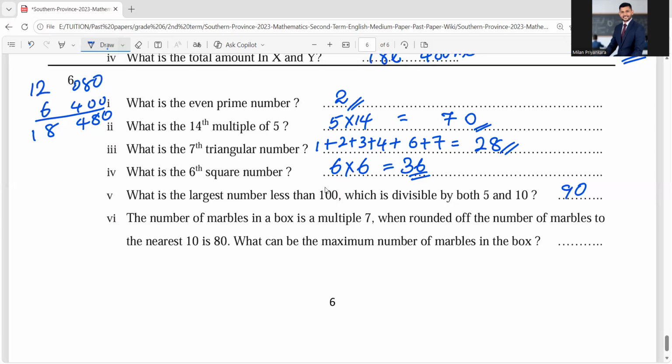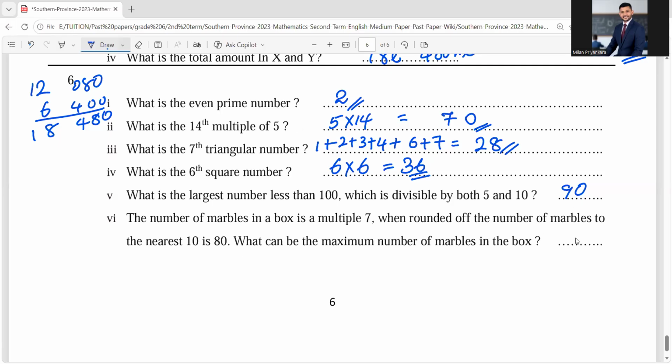The number of marbles in a box is a multiple of 7. When the number of marbles is rounded off to the nearest 10, it is 80.